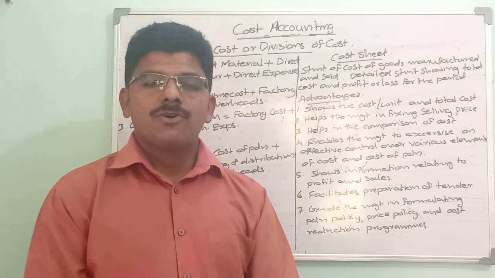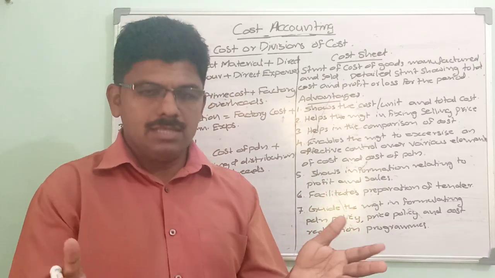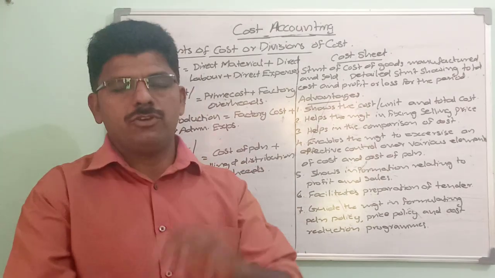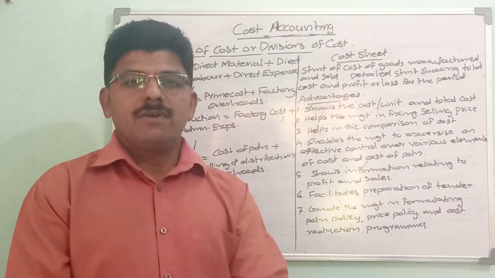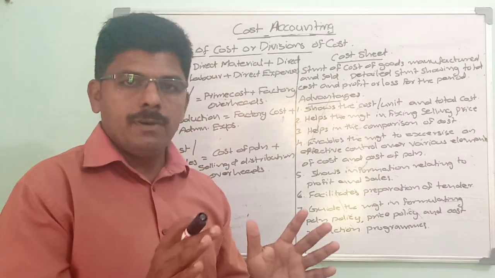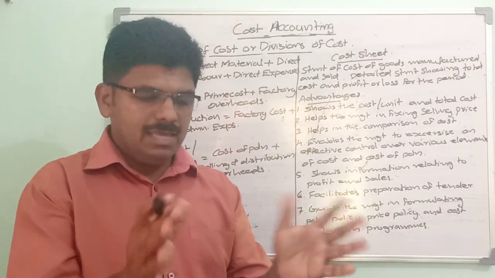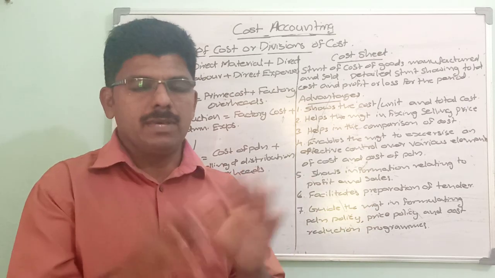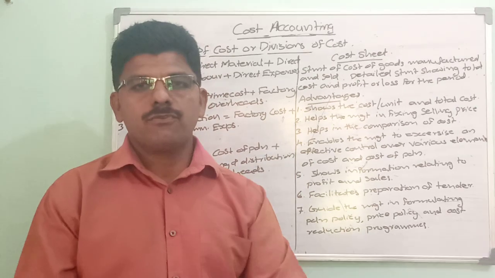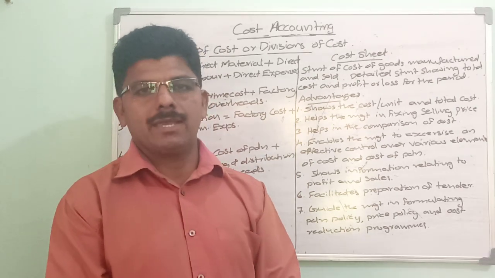Components of cost is the grouping of elements of cost. We have seen different elements of cost. Now we are going to group or combine these elements of cost on different bases. Let us see what components or divisions of cost we have in cost accounting.